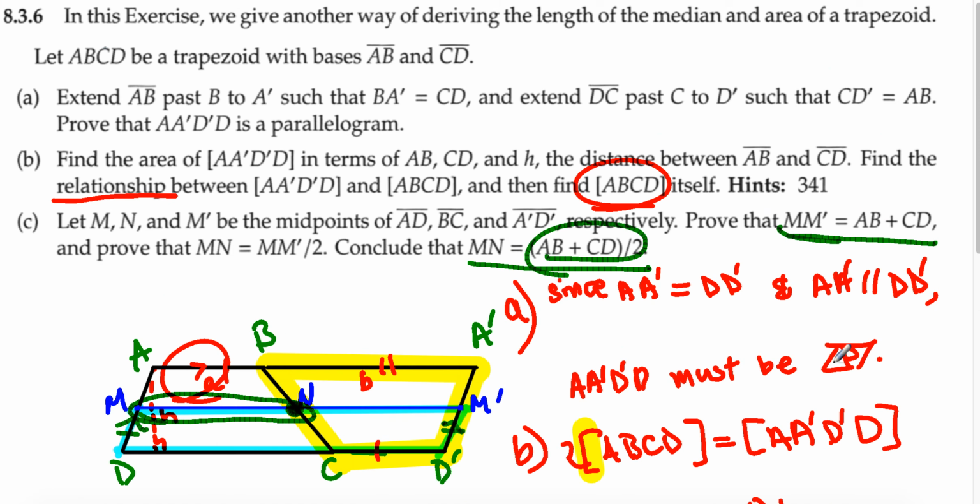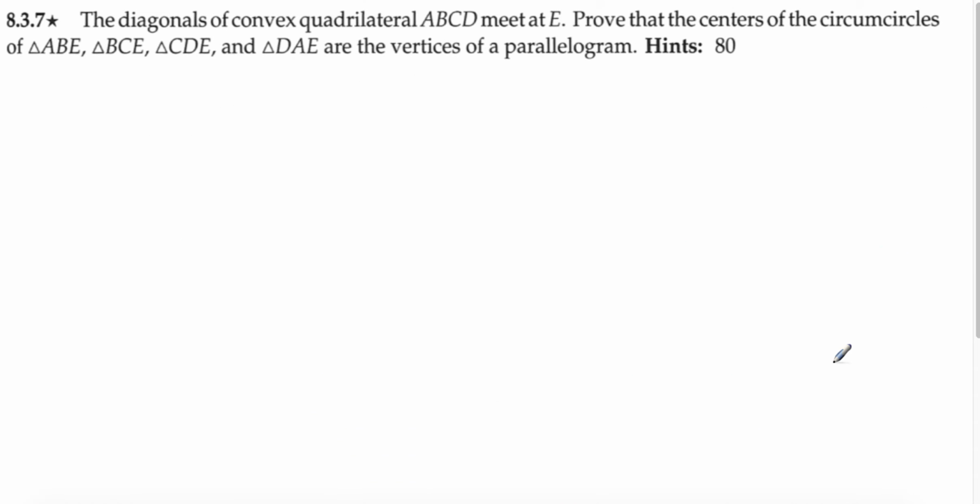All right, let's look at number 8.3.7. The diagonals of convex quadrilateral ABCD meet at E. So that means I'm going to have some sort of quadrilateral.